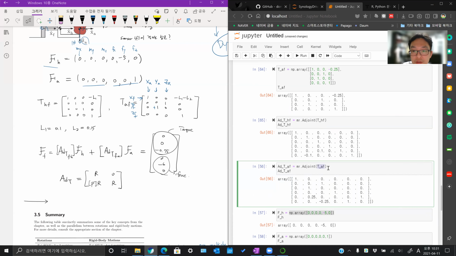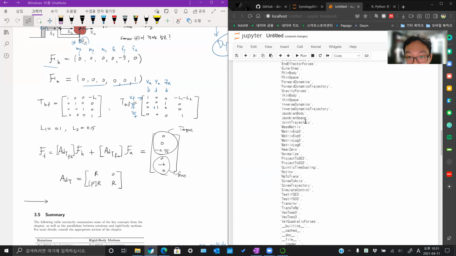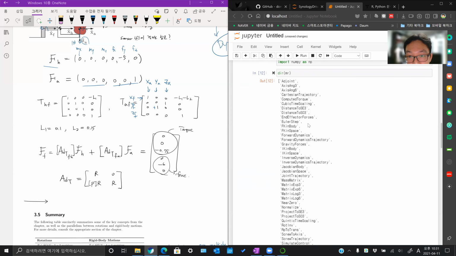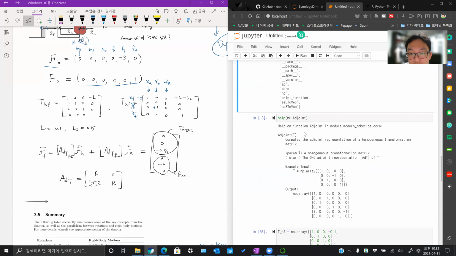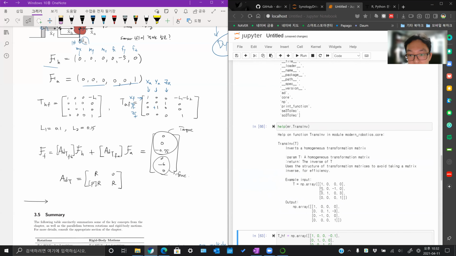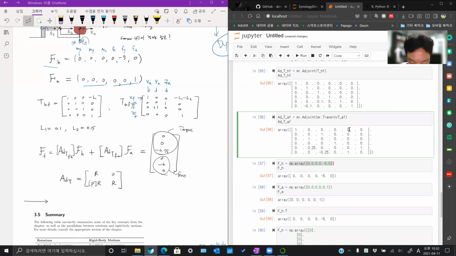We should use the inverse of this matrix. So in the case of inverse homogeneous transformation, here, trans inverse. So we can get the inverse of the homogeneous transformation matrix. So like this, and we can get FA.